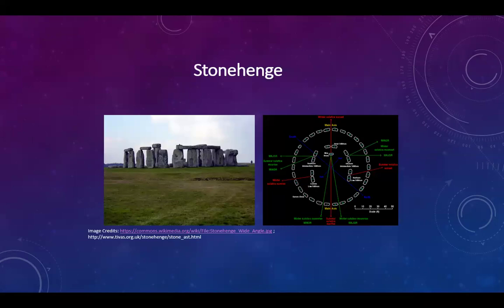Another example of something tied to the sky is Stonehenge. At certain days of the year, certain things will be seen through various gaps in Stonehenge. It's aligned to the sky. So the winter solstice moonrise will be through this gap, the winter solstice moonset will be through this gap, and so on.